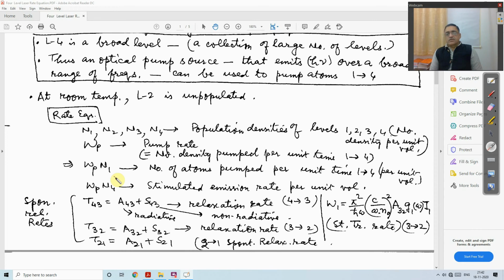As earlier, there are now three things. T43, which is the relaxation rate from level 4 to 3. Then there is T32 for spontaneous transitions. And then there is T21, that is also a spontaneous transition.